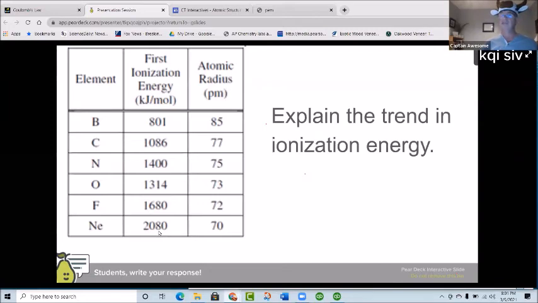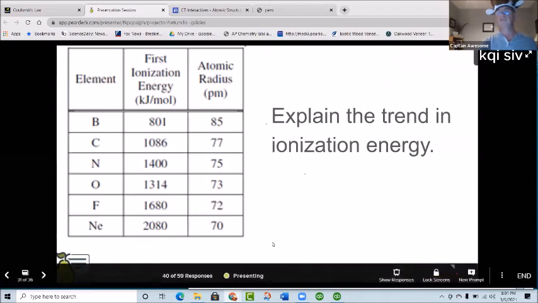Because remember, ionization energy is how much energy it takes to remove an electron. That's what PES does. It removes electrons. So the first ionization energy is the energy to remove one. So as you go through these elements, the greater ionization energy is because there are more protons pulling on those electrons.